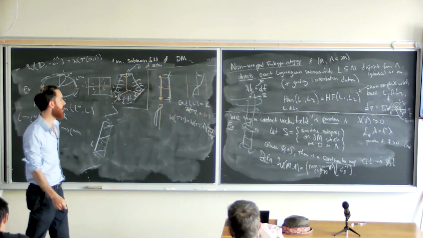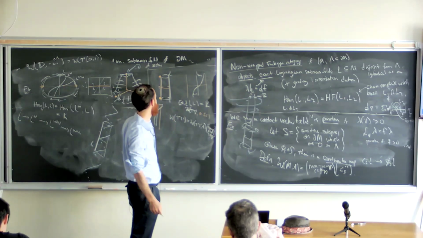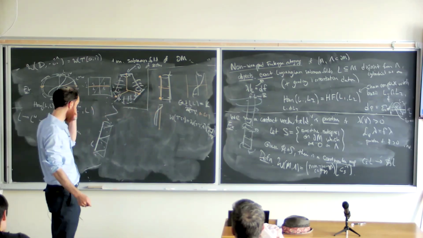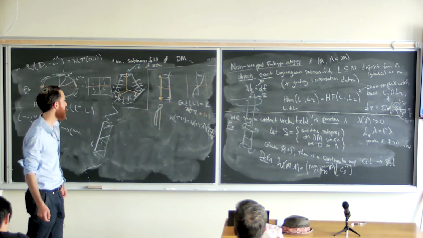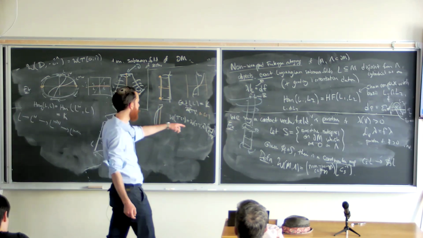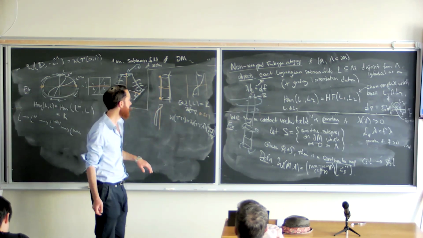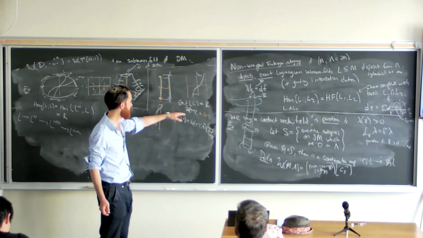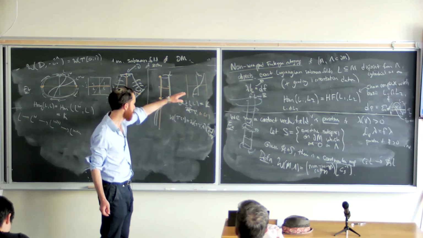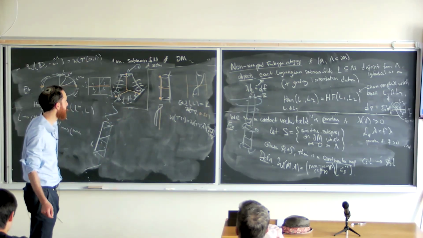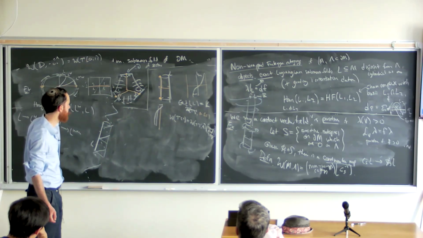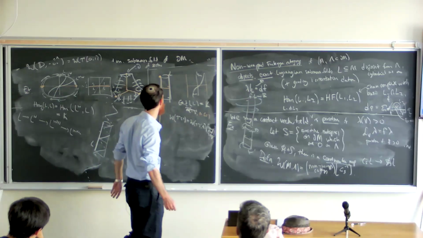So once I know this fact, to compute the wrapped Fukaya category of T star S1, let me first compute this partially wrapped Fukaya category, which doesn't have that many Lagrangians in it, and then compute the fully wrapped Fukaya category afterward.